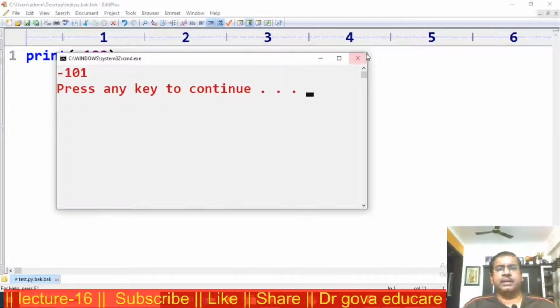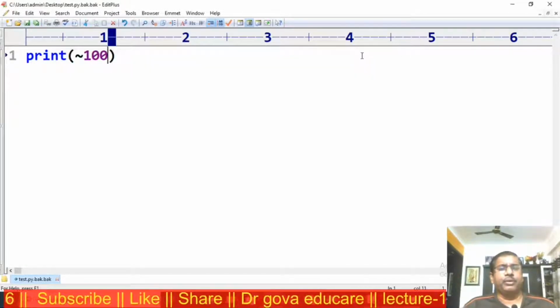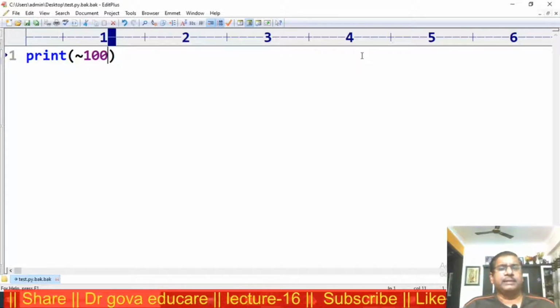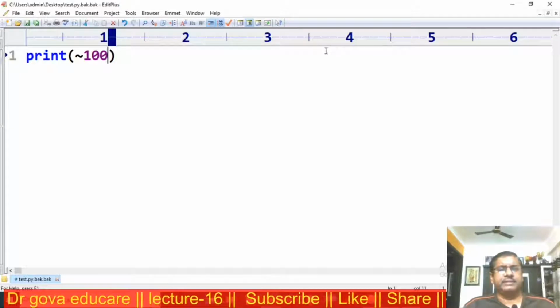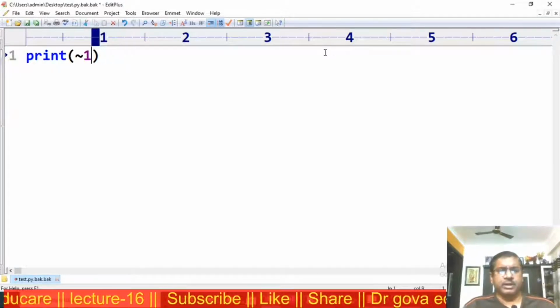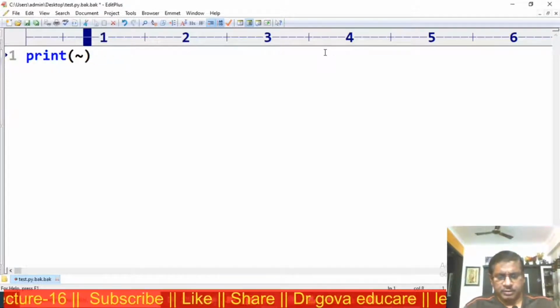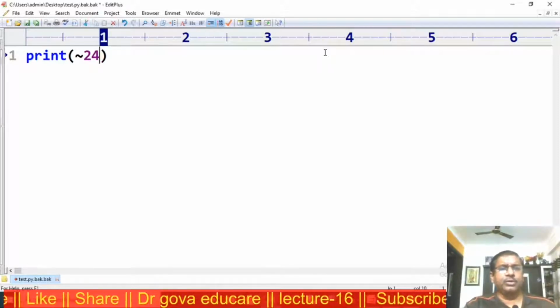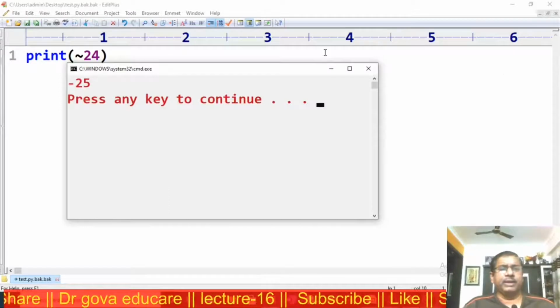In general, the complement of n is equal to minus n plus 1. This is the general formula. Now say for example, the complement of 24 is equal to minus 25.